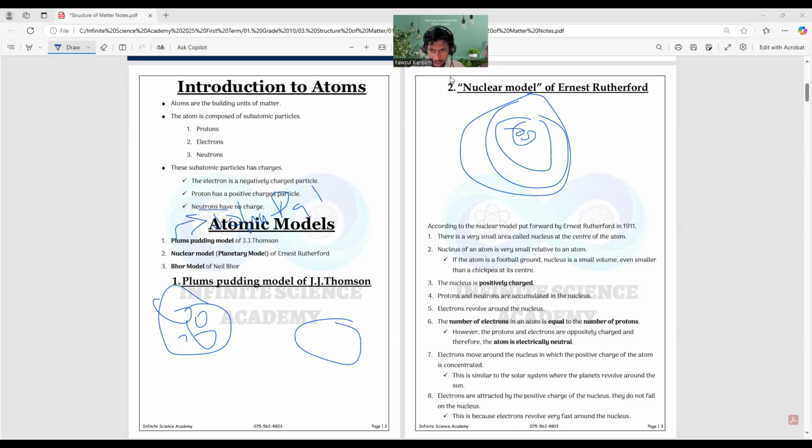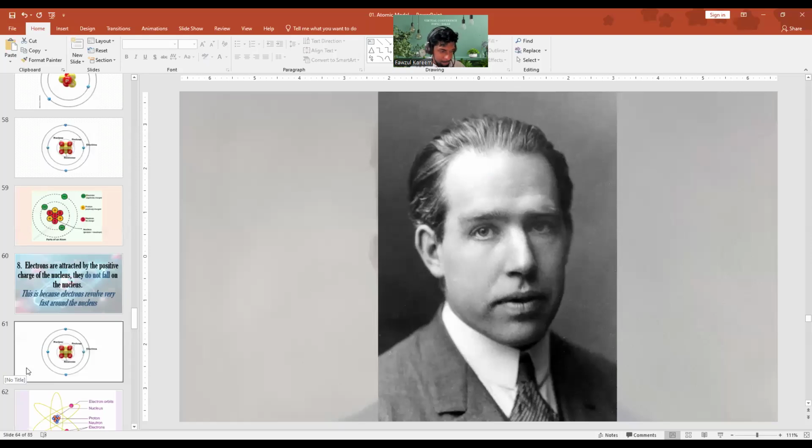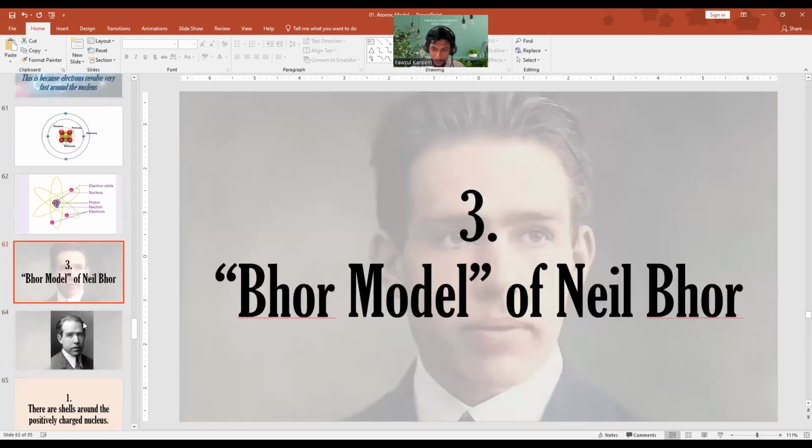Have you finished reading? Because I want to move. Yes, sir. Okay, right. So we'll move to the next lesson, right? Next part, the Bohr model.